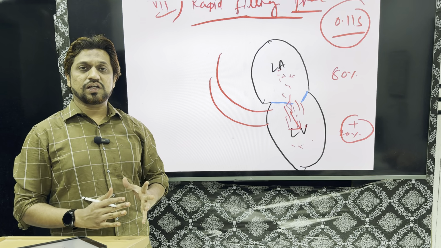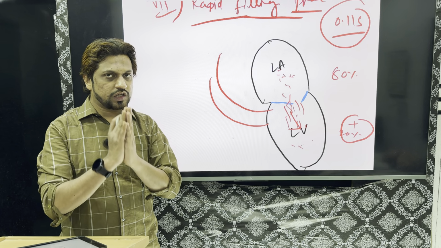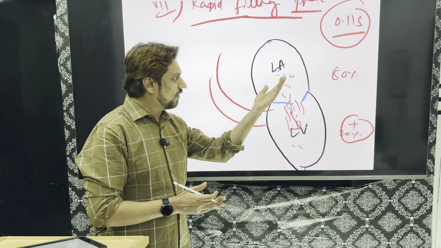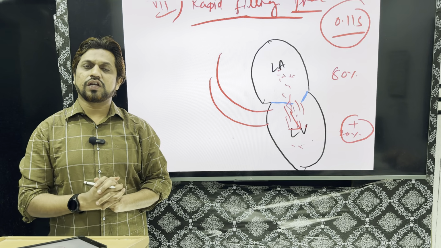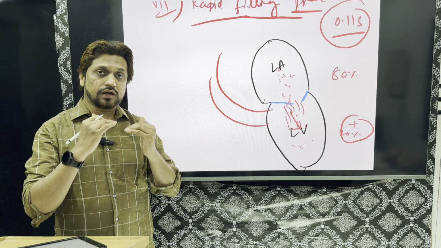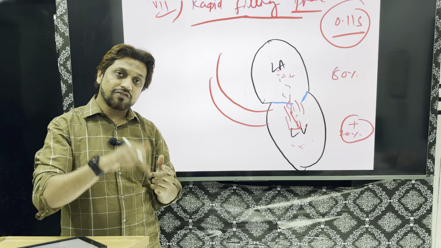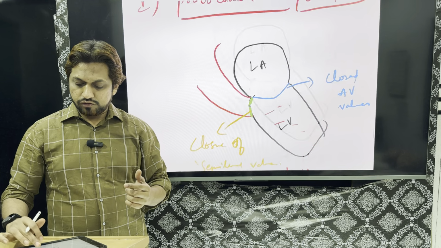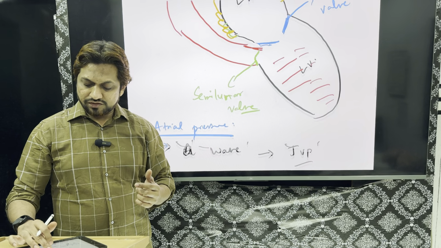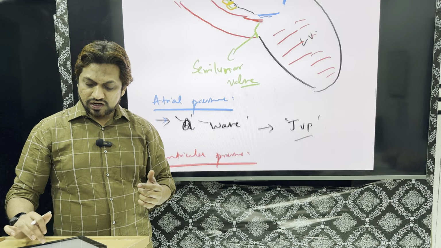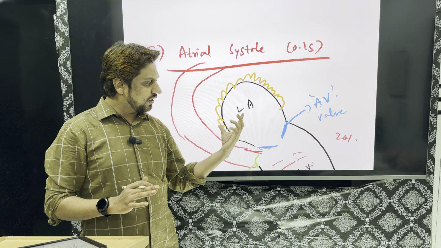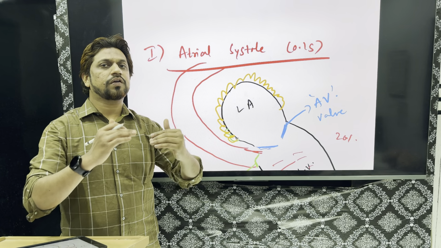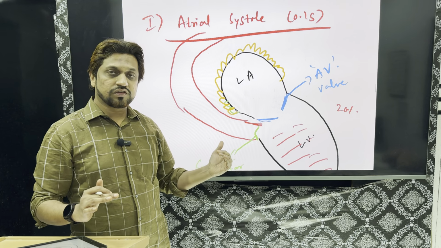The clinical significance is that even if the atria are not working, blood is still able to move from the atria to the ventricles during the rapid and slow filling phases. The last filling phase, which coincides with atrial systole, pumps only around 20% of the blood. So in a normal healthy person, even if the atria are not working, a person can lead a normal life, and there is not much difference seen.